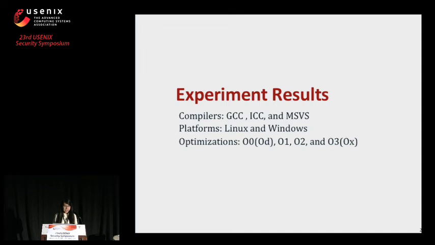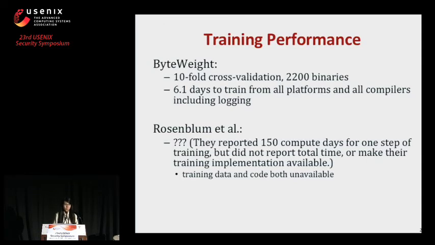So now let's talk about our experiment results. We first compare ByteWeight against Rosenblum et al.'s work regarding training performance. In ByteWeight, we applied 10-fold cross-validation to 2,200 binaries. We spent 6.1 days to train on all platforms and all compilers, including logging.